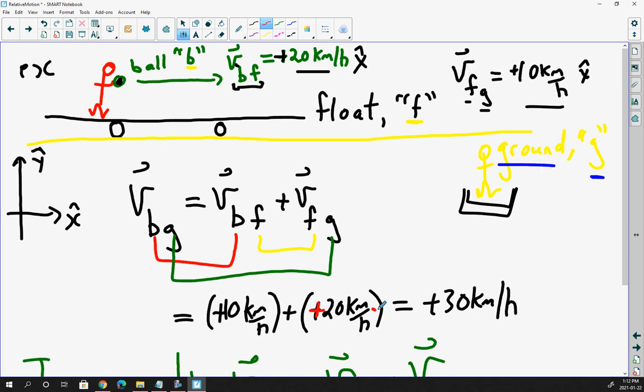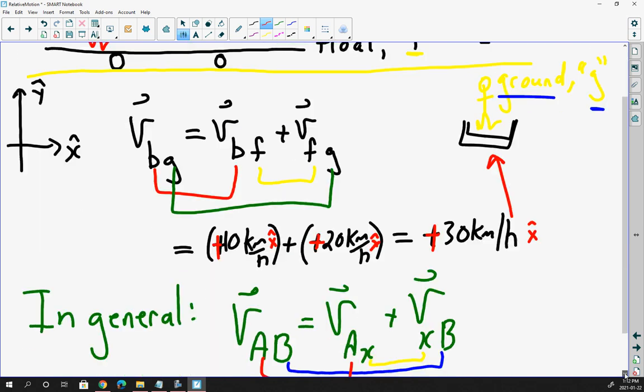Positive 20 kilometers per hour x hat. Float with respect to the ground, what is it? Positive 10 kilometers per hour x hat. And we get an answer of positive 30 kilometers an hour x hat. So the person here watching this sees the ball move at positive 30 kilometers per hour x hat.